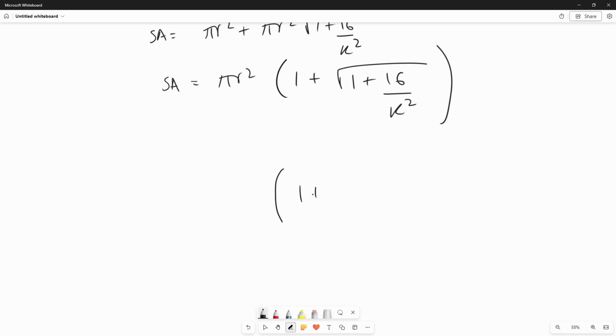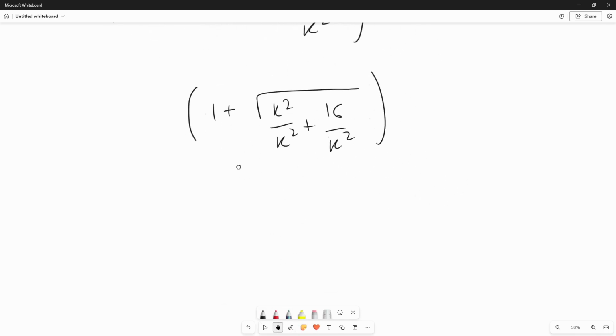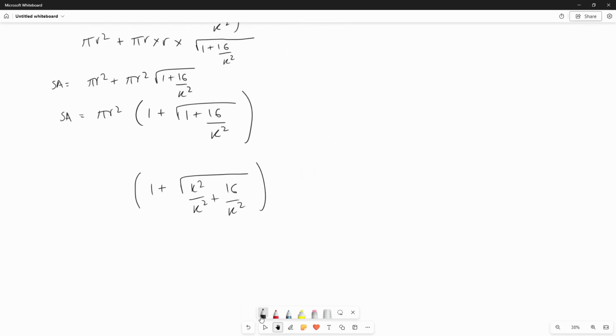We've got 1 plus root of, so one thing we can do here is that 1 is the same as k squared over k squared, so we can get rid of the 1 by writing it that way. That's going to be k squared plus 16 over k squared.